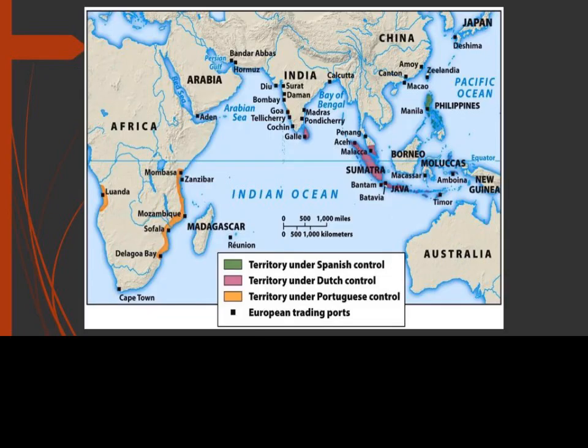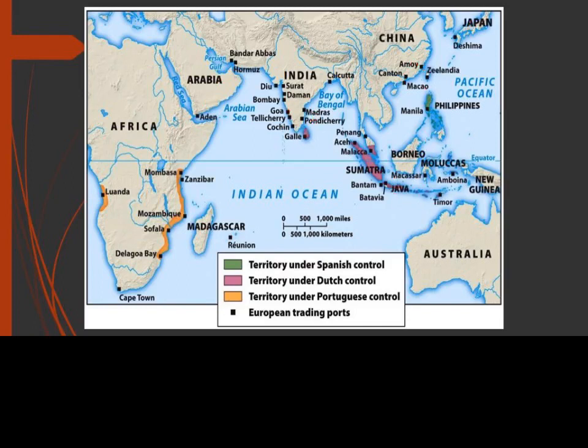And here is a map showing you the territory under Spanish control in green, Dutch control in purple, and then Portuguese control in orange. And this is great, how involved the Europeans got. All of these little squares that you see are European trading posts.